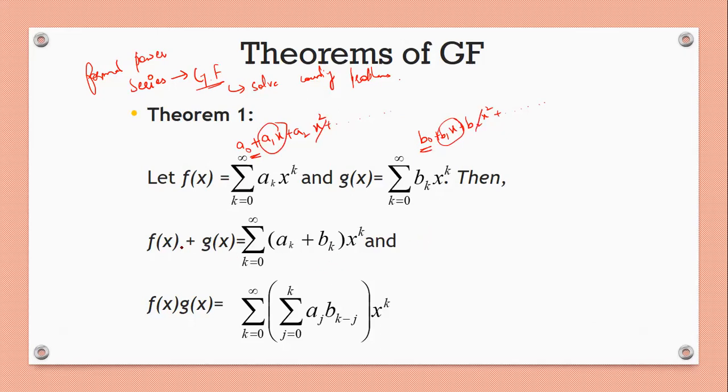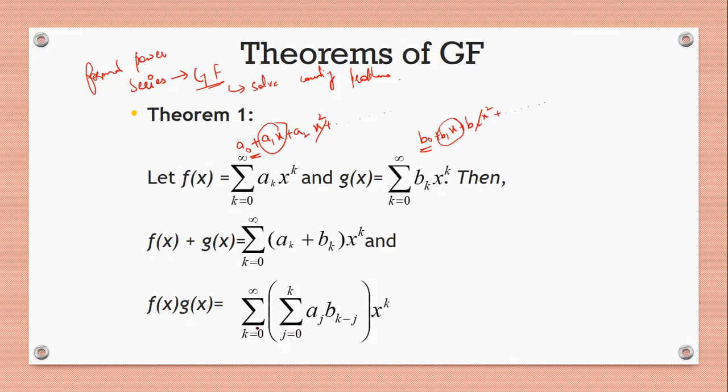So f of x plus g of x is the sum over k equal to 0 to infinity of (ak plus bk) x power k, in summation notation. Similarly, what will be f of x into g of x? We will multiply, so we will have a double summation. a0 will be multiplied with all the terms, a1x will be multiplied with all the terms, and this goes on.